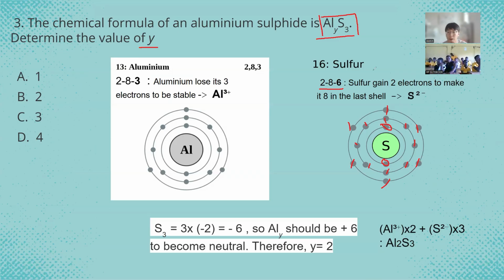Now sulfur wants to have 2-8-8 structure, so we need to add 2 electrons. So it forms a sulfide ion of S2 minus. Did that make sense for everyone? Why is it S2 minus as an ion?